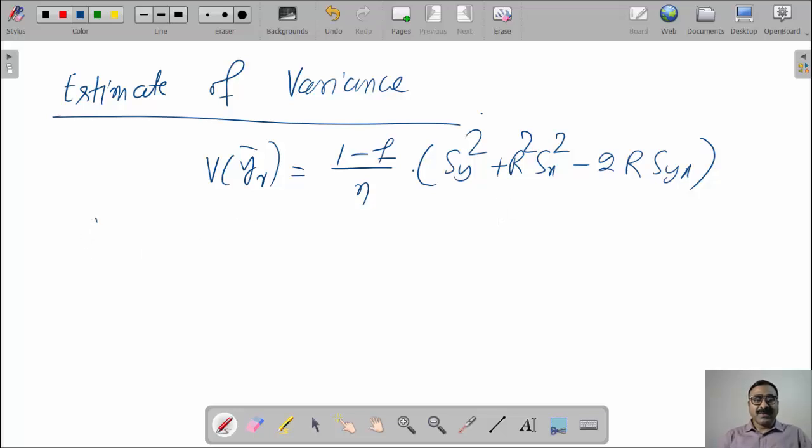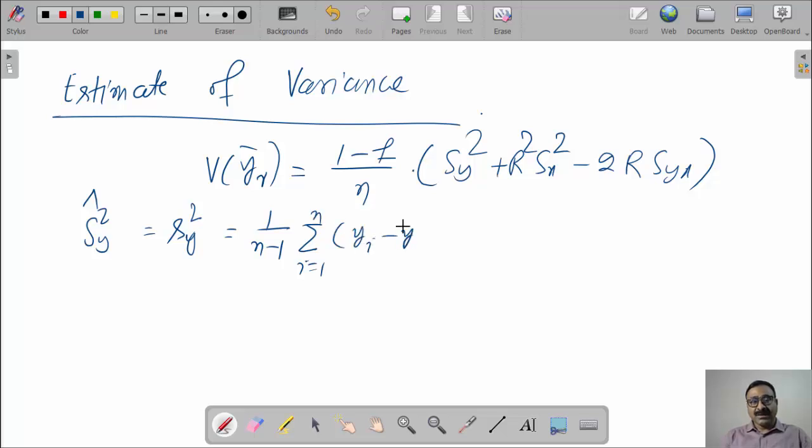Now, an unbiased estimate of Sy square is given by the sample mean square sy square, which is equal to 1 by (small n minus 1) summation i equal to 1 to n (yi minus sample mean y bar) whole square.